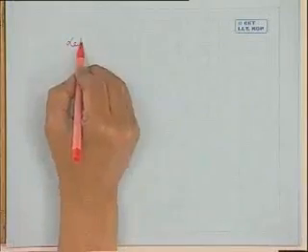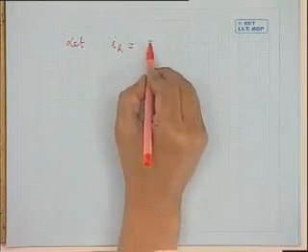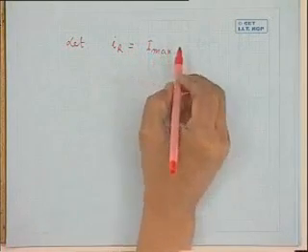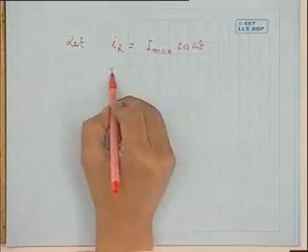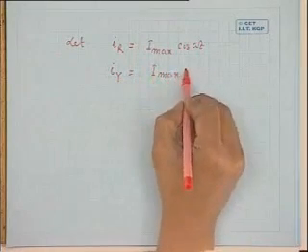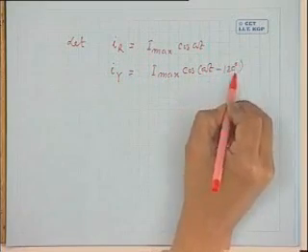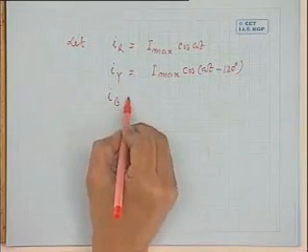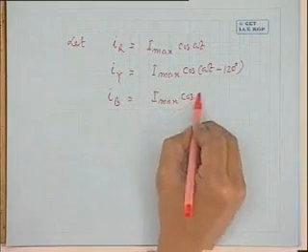Now let us assume that this IR, IY, IB, just for convenience in mathematical steps, let IR be I max cosine omega t instead of DC current. IY is I max cosine omega t minus 120 degree.